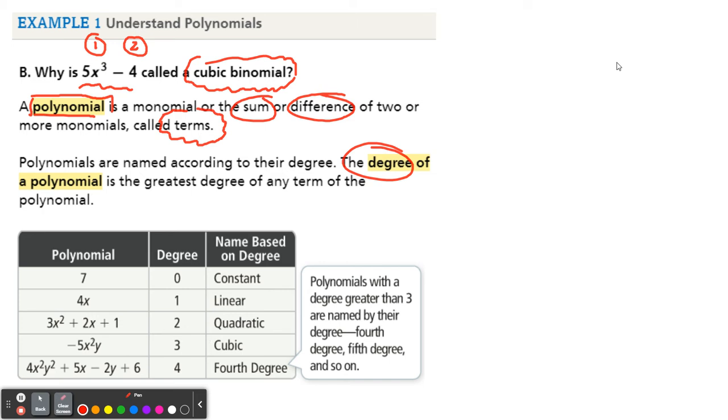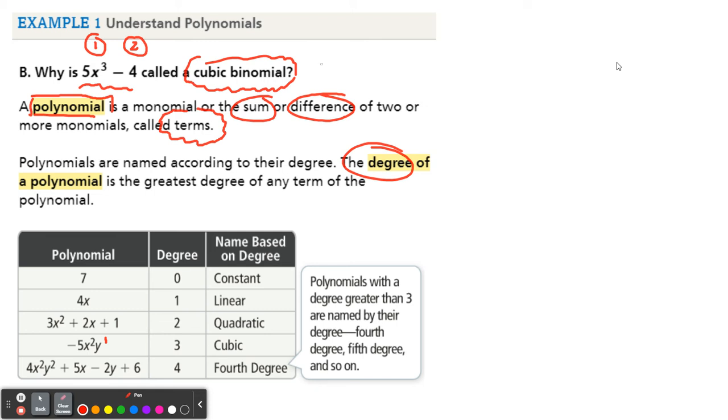You have a cubic, because if you add 2 and 1, you get 3, right? Add those exponents. And you have a fourth degree, because if you add 2 and 2, you get 4. Highest sum of the exponents of a term. And then again, you can see that it says fourth degree, so on, fifth degree, sixth degree.